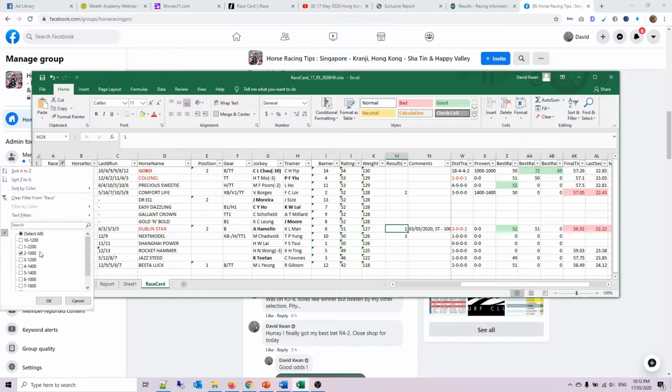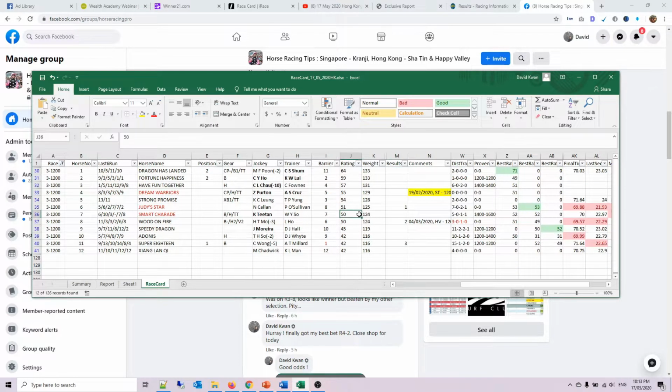So let's go to the next race. In this case, this is timing, and this is also the ratings. If you look at this, Dream Warriors had a very good run on the 19th of February.